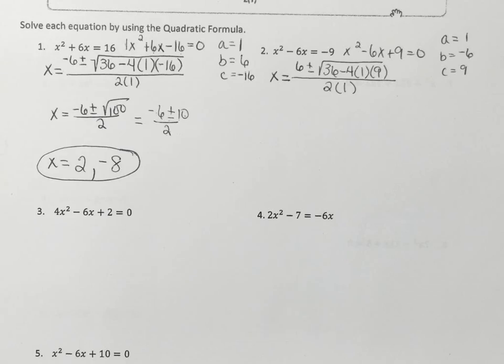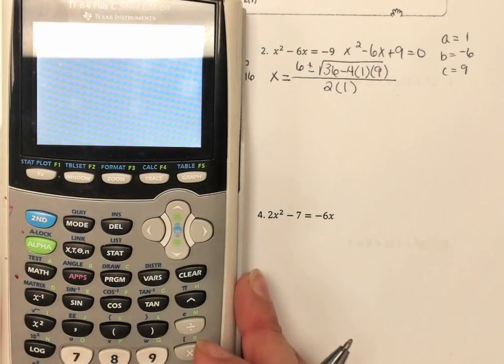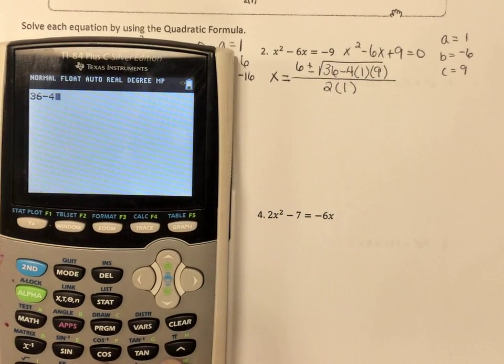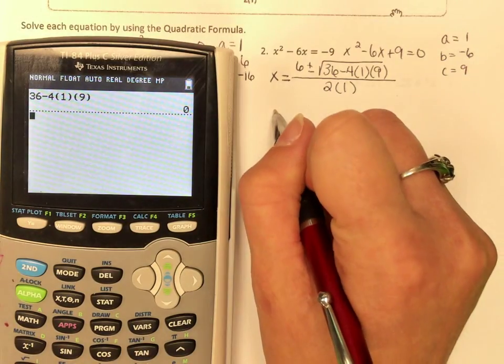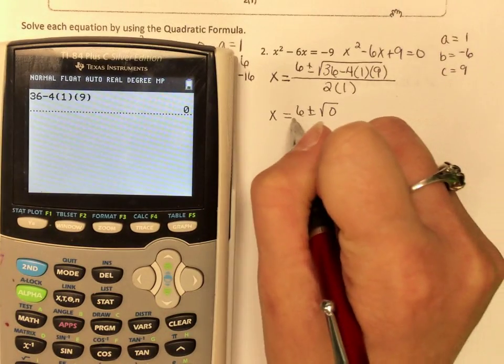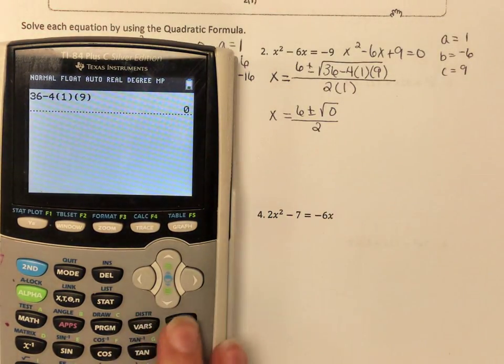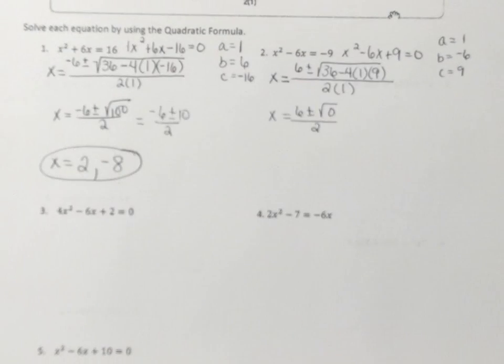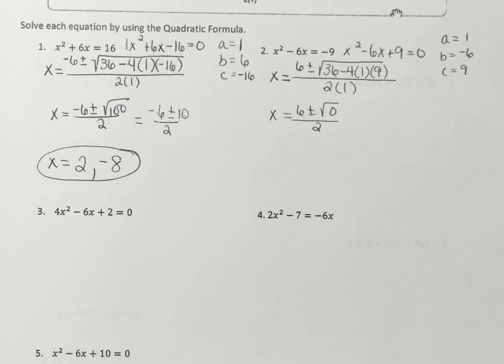All right, here we go. You ready? Type it all in. 36, subtract 4, parentheses 1, parentheses 9, and I got 0. Don't you dare freak out either. What's the square root of 0, people? What times what is 0? 0. It's just 0, okay?